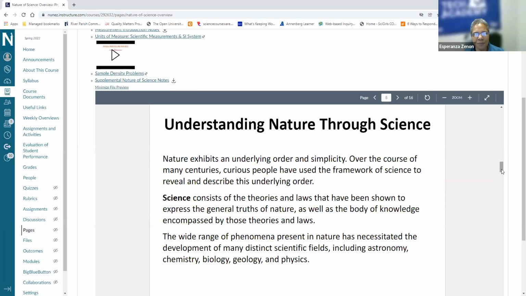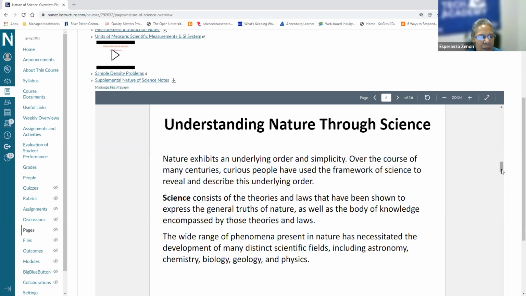And so one of the things that we harp on is this idea that nature has an order and some simplicity to it. We might have to come up with complicated ways to explain it, but it's actually quite ordered and simple. Okay. And you have to understand the human progression in terms of the ways they formulated understanding.